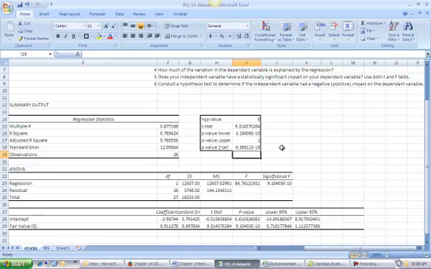So I can use this hypothesis testing quadrant to test a variety of different hypotheses. If I wanted to know, does X have any impact on Y, I can look at my p-value 2-tail. That I don't really need to check because that hypothesis was already tested down here in this fair value p-value calculation.